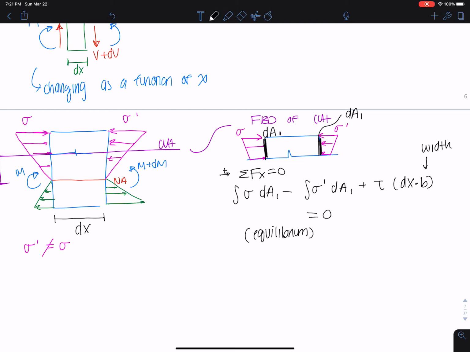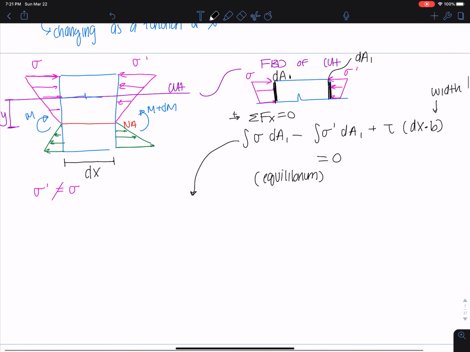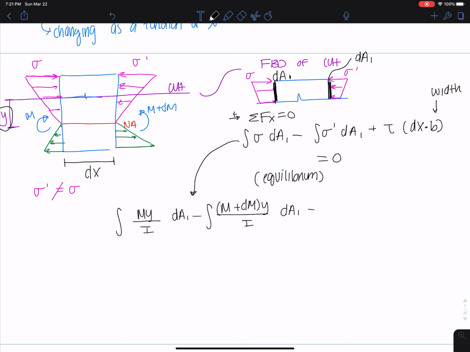All right, so let's plug in what we know. Let's plug in our formula Mc over I, or My over I because it's at some y value. It's not necessarily at c right now. So what we'd have here is the integral of My over I dA1 minus the integral of (M plus dM) y over I dA1 plus tau dx times b equals 0.